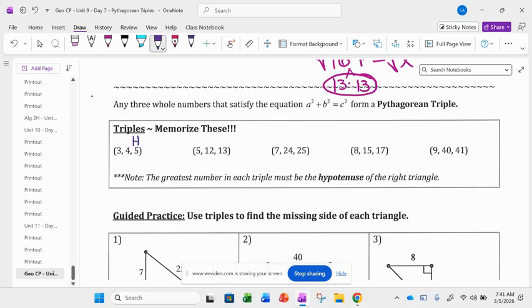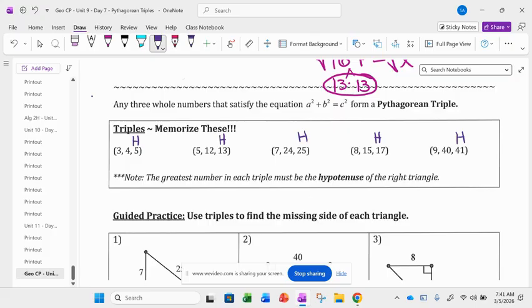The next one is 5, 12, 13. That 13 has to be the hypotenuse. What about 7, 24, 25? Which number has to be the hypotenuse? 25. 8, 15, 17. 17 has to be the hypotenuse. 9, 40, 41. 41 has to be the hypotenuse. So these are 5 triples.